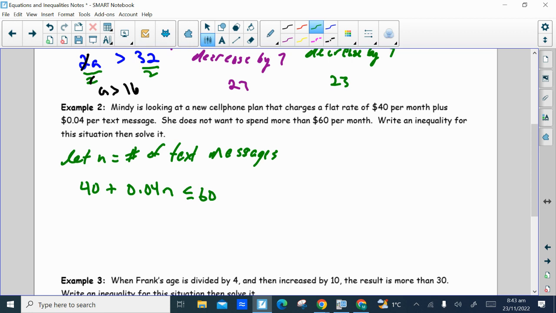She could spend less than 60. So the amount that she spends has to be less than or equal to 60. So this is the inequality that we're now going to solve. So we could subtract the 40 from both sides. And so on the left, the 40s will cancel, and you'll have 0.04n less than or equal to 20.